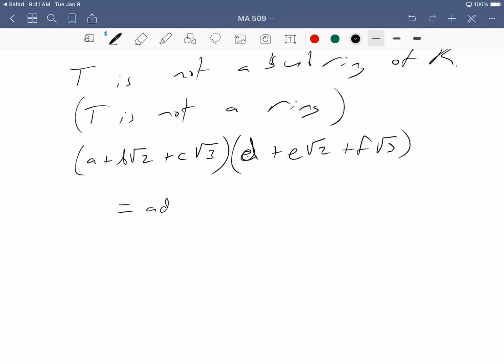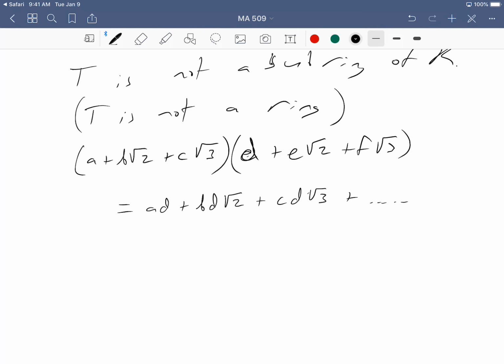I'm going to have a bd root 2, right? I'm going to have a cd root 3. I'm going to have a bunch of other terms like this. And they're all going to be fine, right? ad is okay. Anything times root 2 is okay. Anything times root 3 is okay. But there's a big term that's missing here.